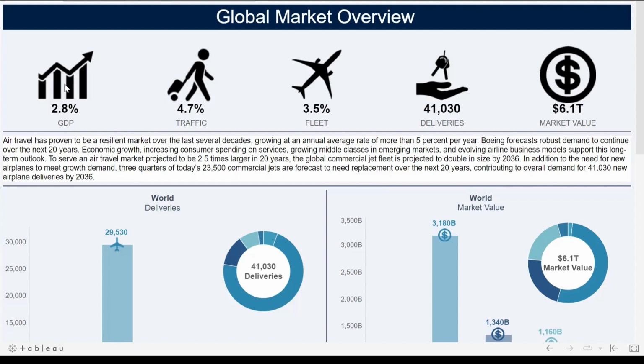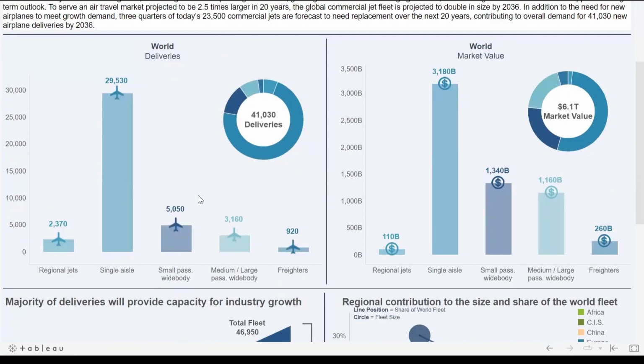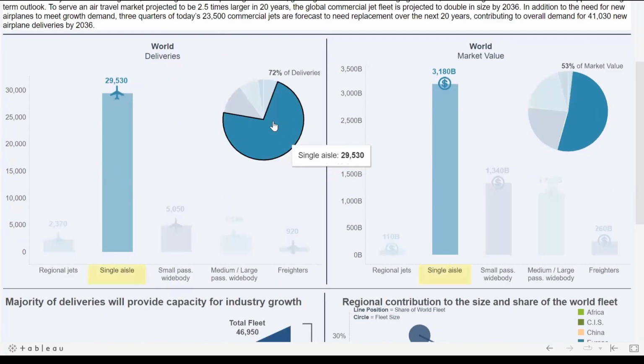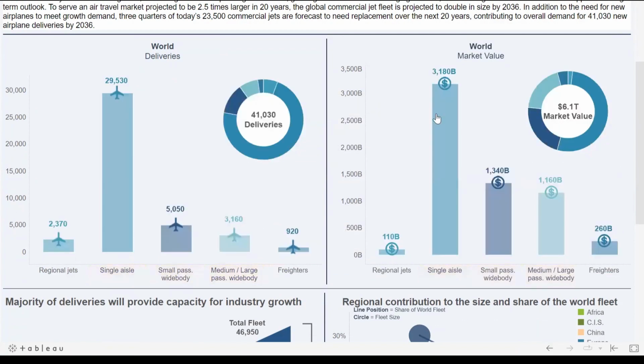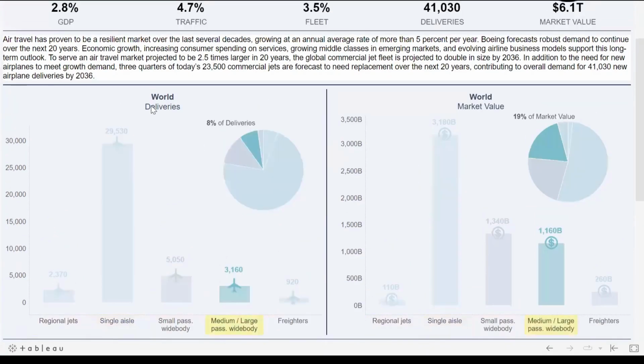We have the GDP, the traffic, the fleet, deliveries, and market value of the company. And below that, we have a simple bar chart, that is a column chart, and a pie chart representing information about the world deliveries.